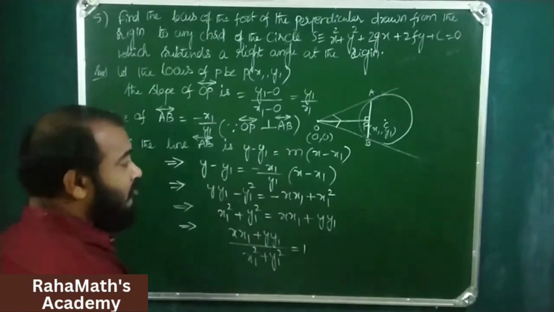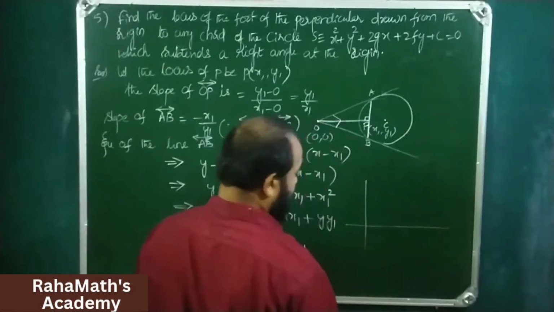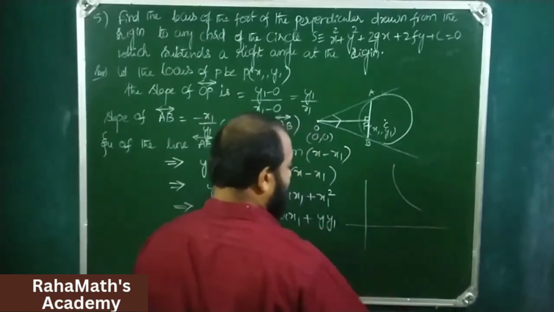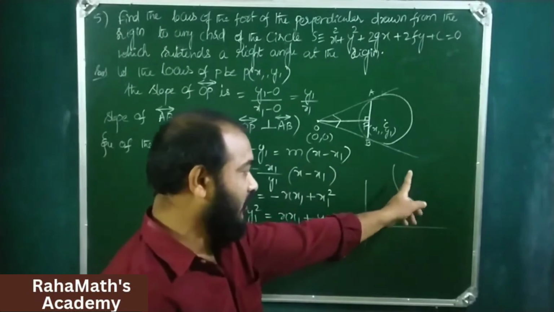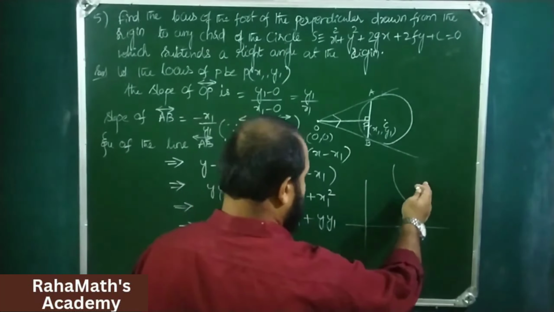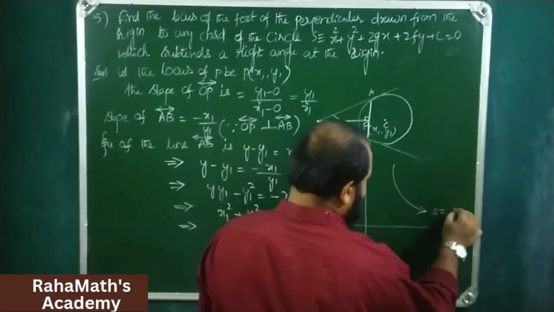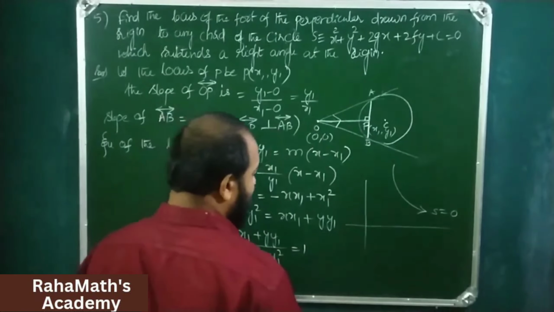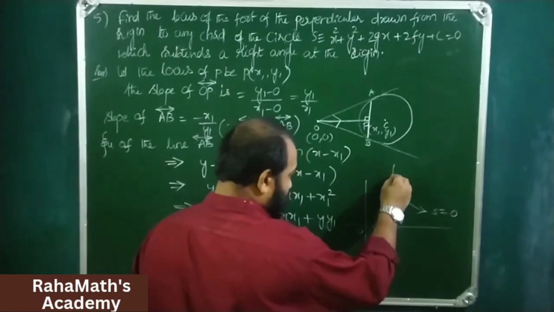Now, in first year we have done this question. See this, this is the curve, a second degree non-homogeneous equation ax square plus 2hxy plus by square plus 2gx plus 2fy plus c equals 0, S equals 0.